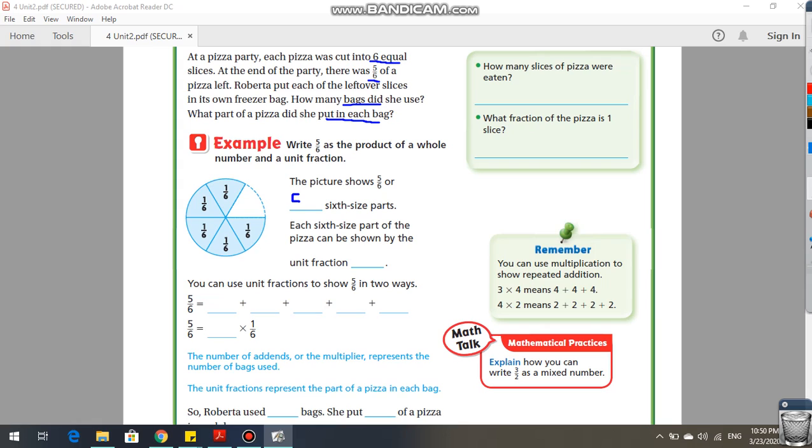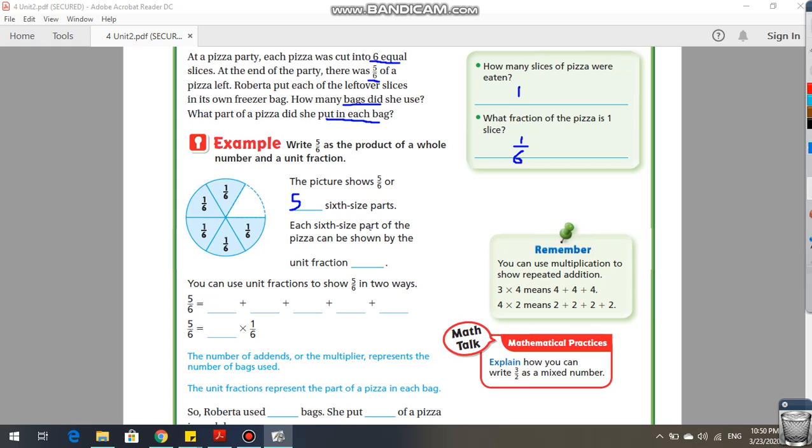I have 5. How many slices of pizza were eaten? Only one. What fraction of the pizza is one slice? It's 1/6. Now, let's move on to this one.